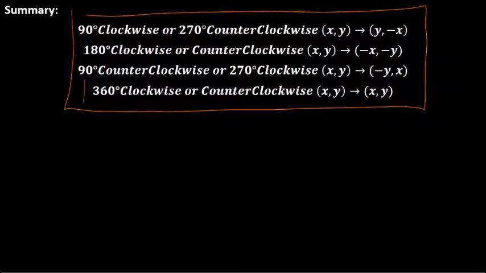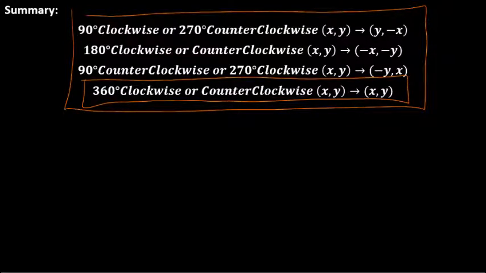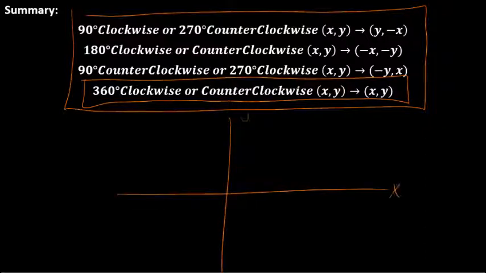And the last EQ may not seem that obvious, but I mean, come on now. So if I've got x, y, and I've got a triangle here, A, B, C, right? And I go ahead and I rotate it about the origin 360 degrees.